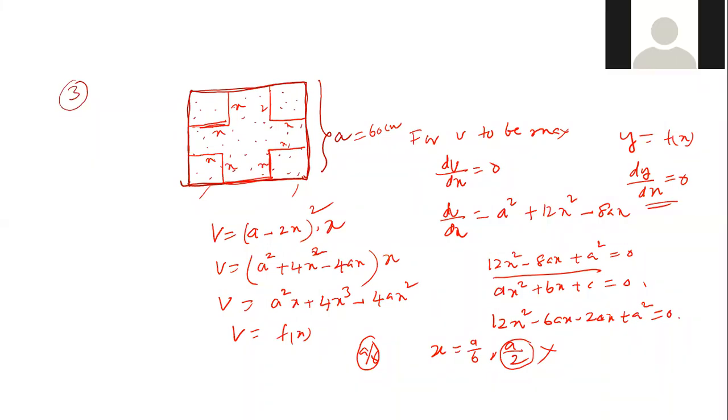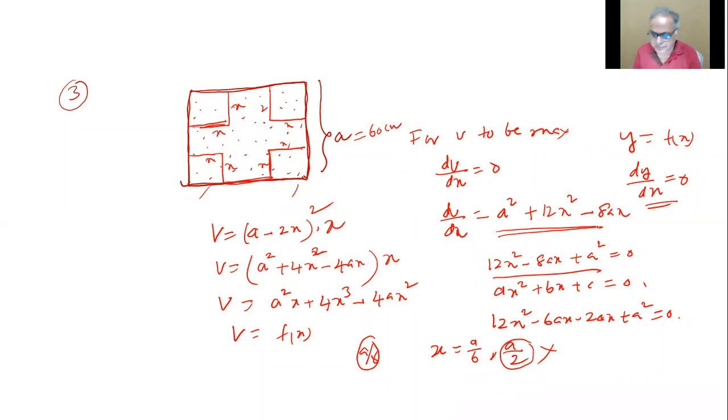Sir, dv by dx will get 2a, sir. dv by dx equals? This x's derivative is 1, dear. 4x cubed gives 3x square, x square gives 2x, so check it.